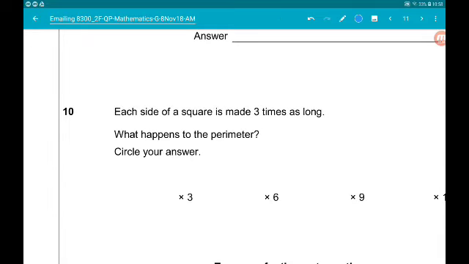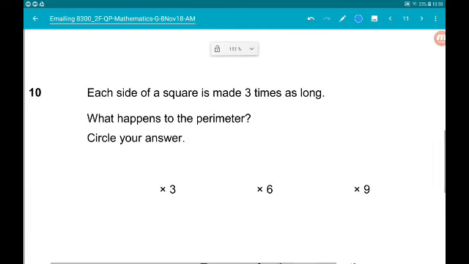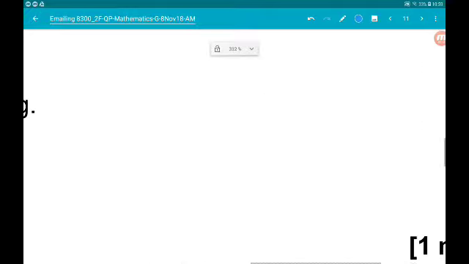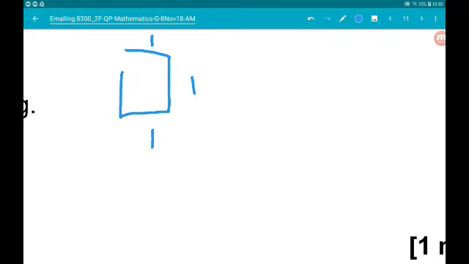Question 10. Each side of a square is made 3 times as long. What happens to the perimeter? Okay, just do it with a simple square, if you can't see it straight away. So the nicest square possible with sides of 1.